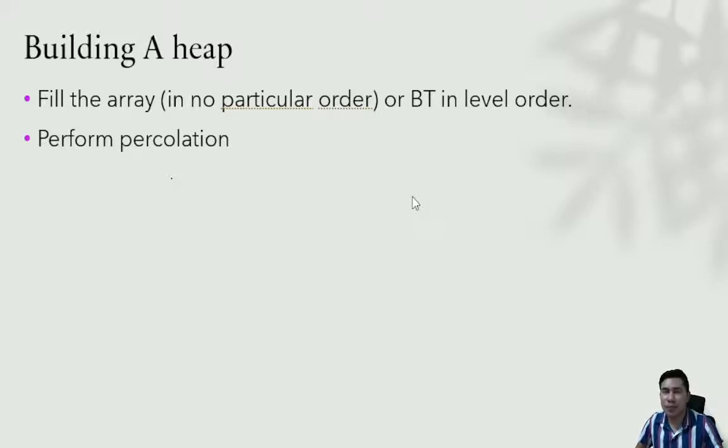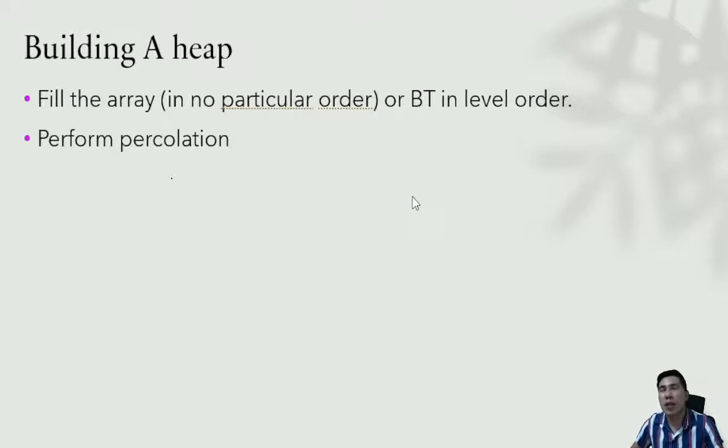A binary heap follows the order of a complete binary tree, and at the same time the heap order property: if you're going to use a max heap, all the parent nodes, including the root node, must be greater than their children. If you're going to use a min heap, all the parent nodes should be less than their children.